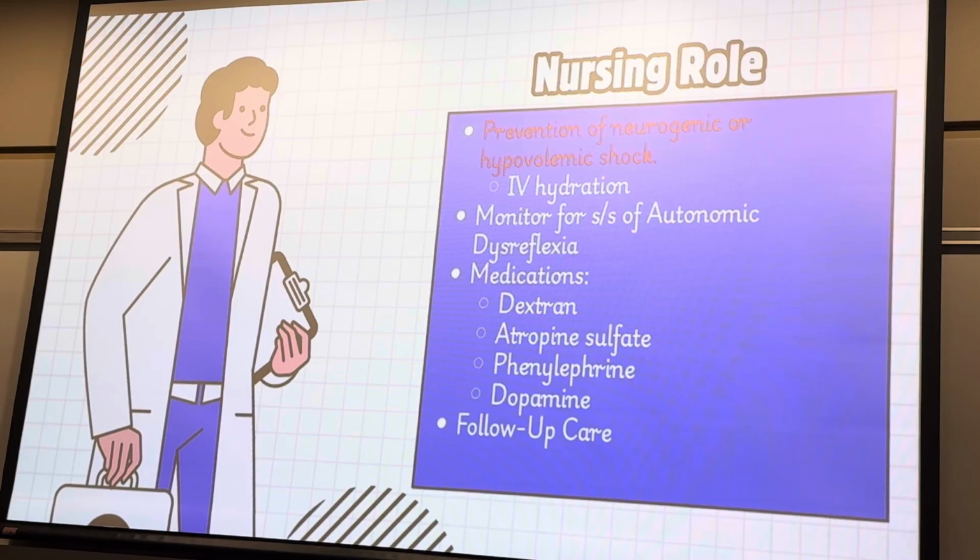They're more neuro involved compared to your other ones. Dextran is just a blood volume expander, helping out with that circulating blood volume for your neurogenic and hypovolemic shock.